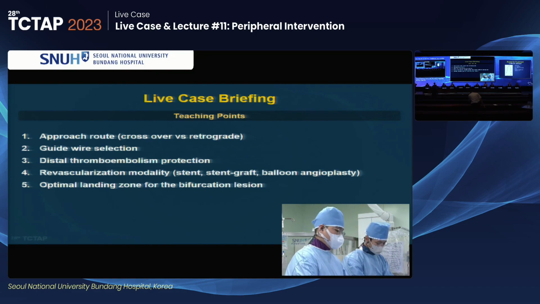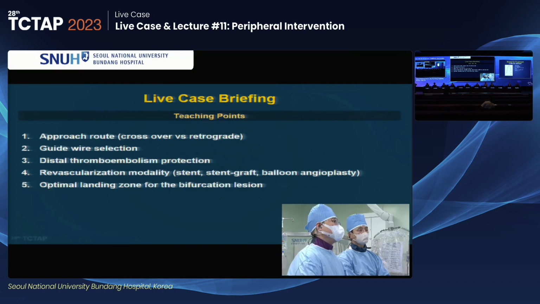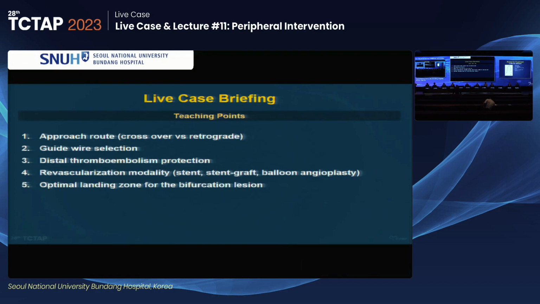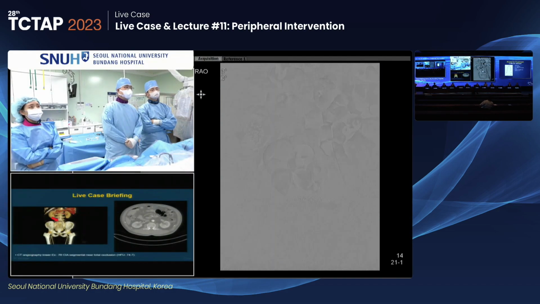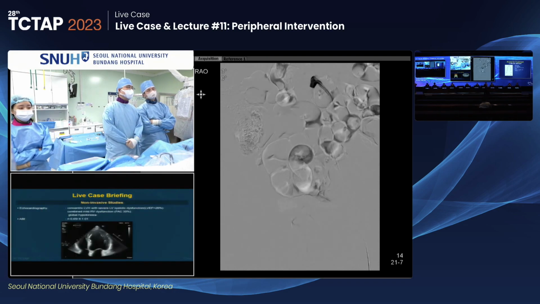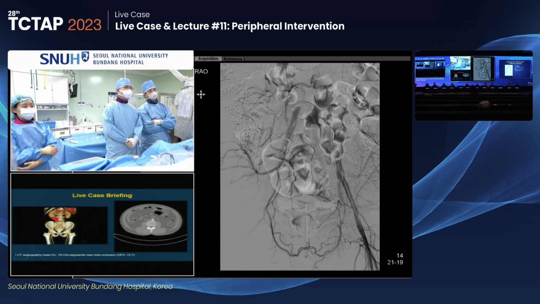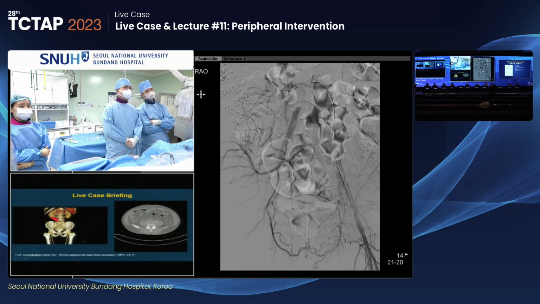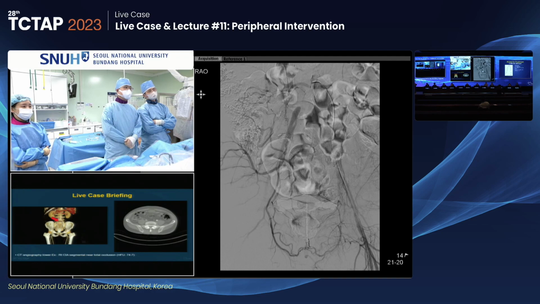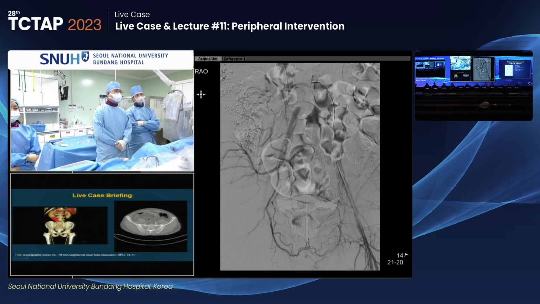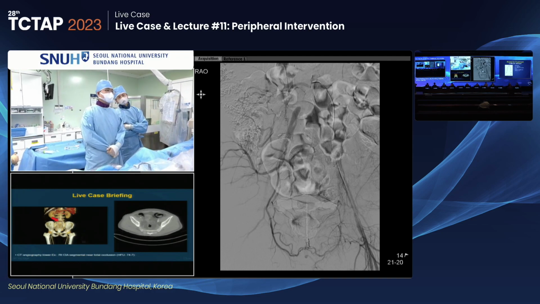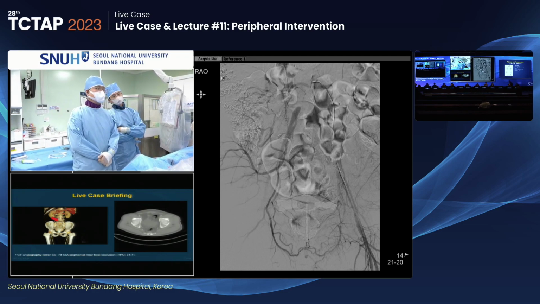Okay, for the detail, we would like to show the CT angiography. This is a common iliac artery occlusion, which has a proximal stump around 1 or 2 centimeters, and the distal bifurcation is spared.